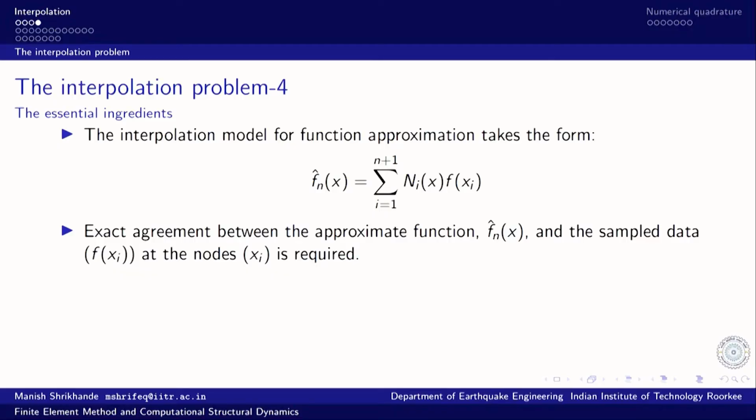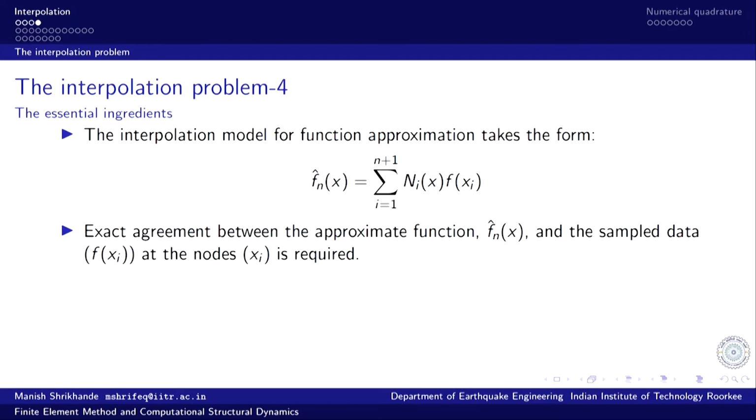So, that gives us what we call the interpolation model. Now, N i is a generic representation; it can be any basis function, polynomial, trigonometric, exponential, whatever, as long as all these functions are independent functions. Exact agreement between the approximate function and the sample data f of x i at the nodes x i is required.